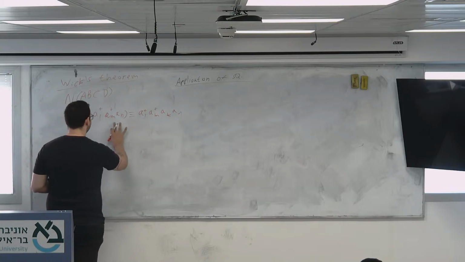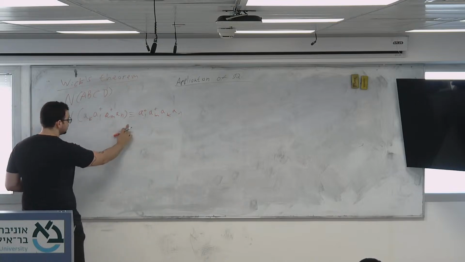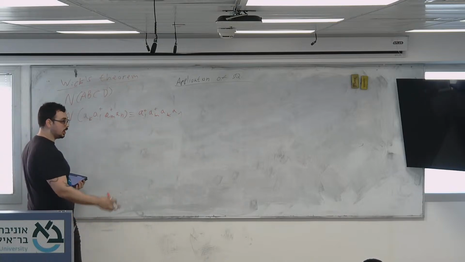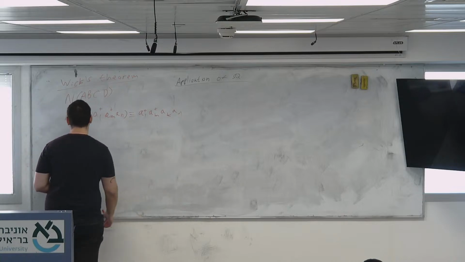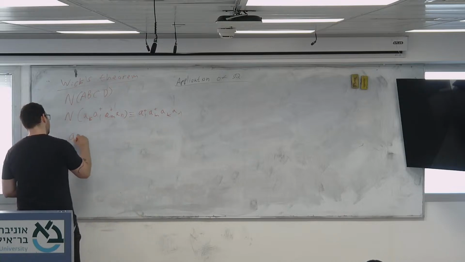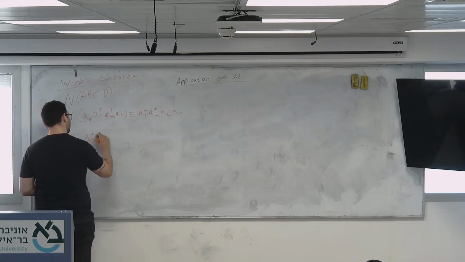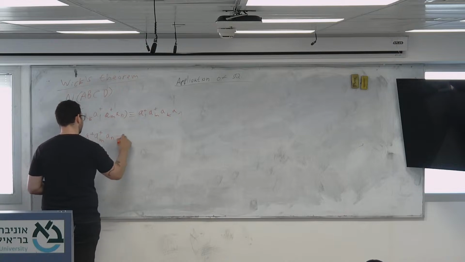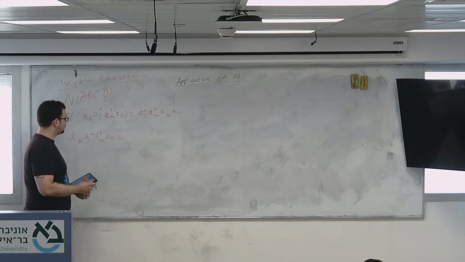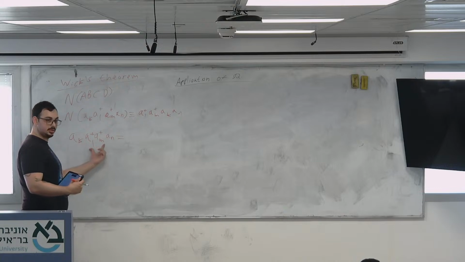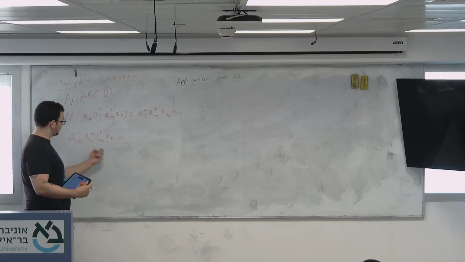So let's see how we can actually take this string of operators and find the normal order in an equation. Take a_k, a_l, a_m, a_n. To achieve the normal order, I want to push these 2 operators back and this one forward.